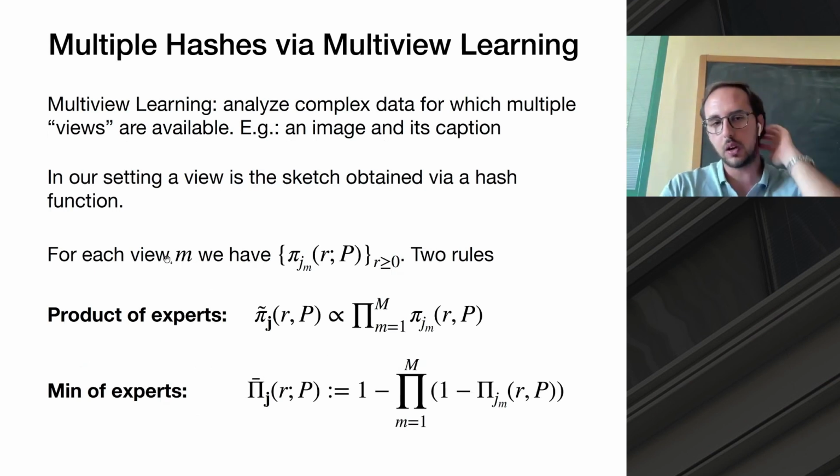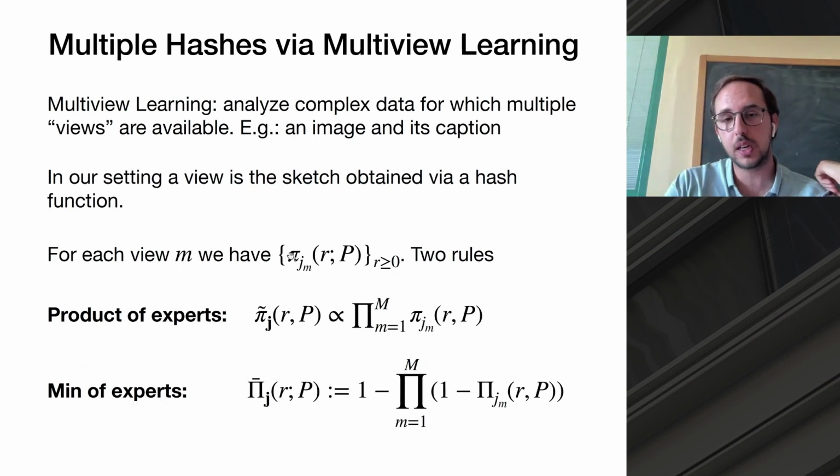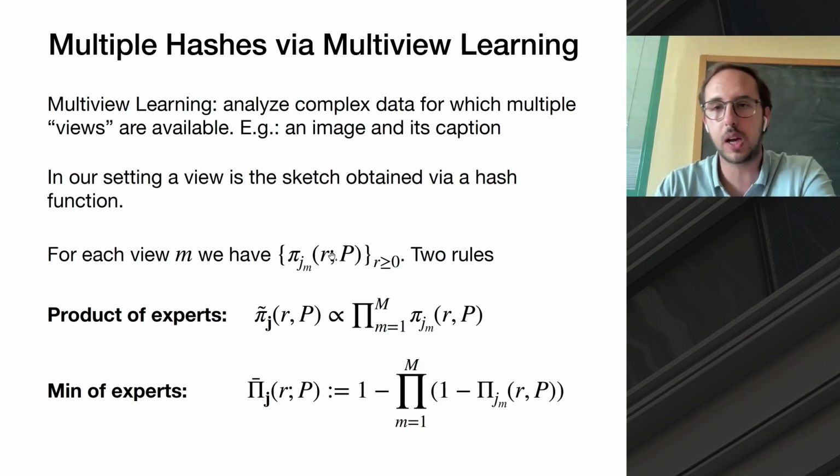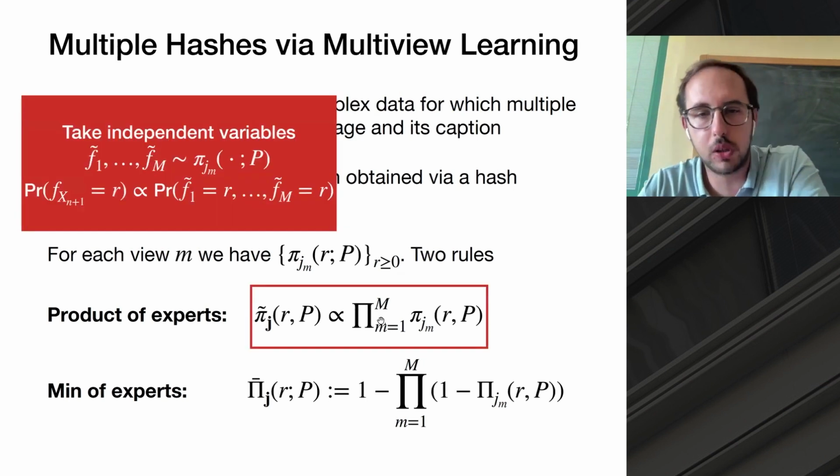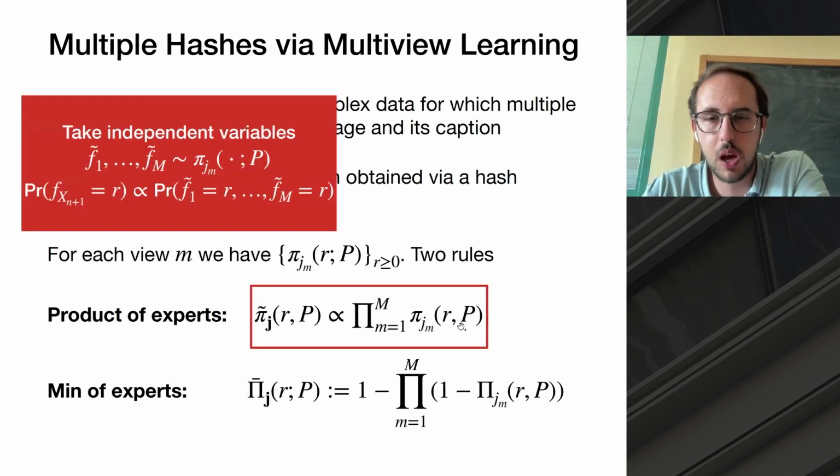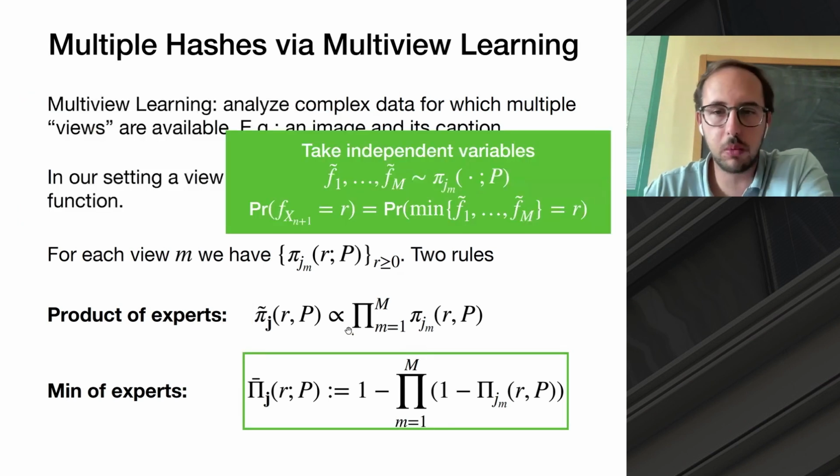And we consider, for each view, we have an analytic expression for the conditional distribution of interest on how many times I've seen xn plus 1. And we consider two rules to aggregate these conditional distributions that I will not talk too much into details, but the first one just takes a product of all these conditional distributions. The second one is a bit more refined and is the analogue of the count-mean sketch where we take a minimum.